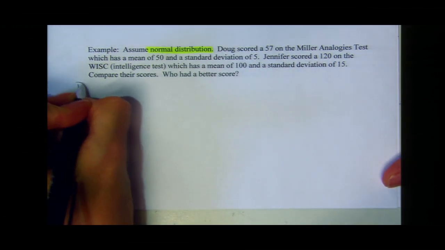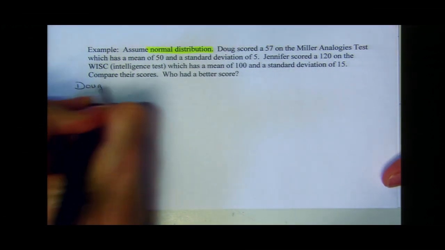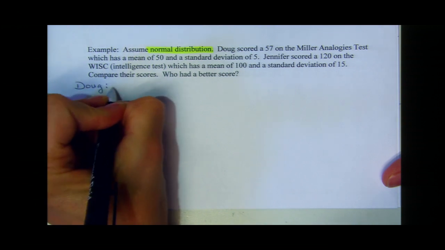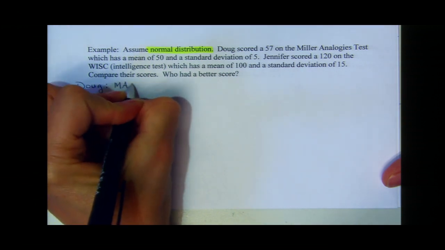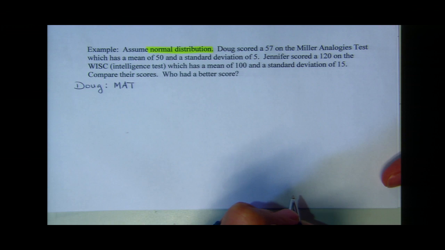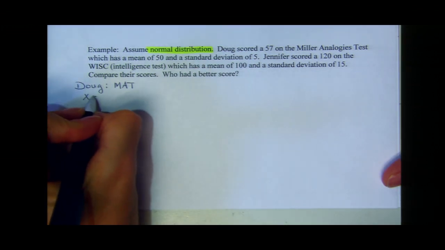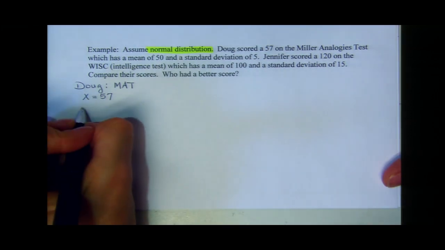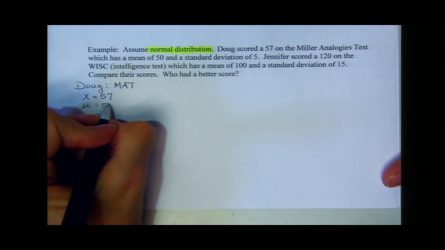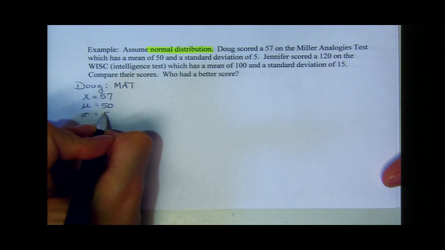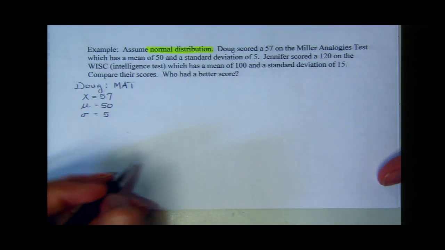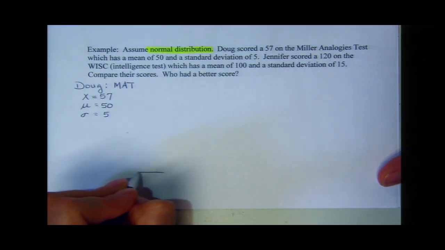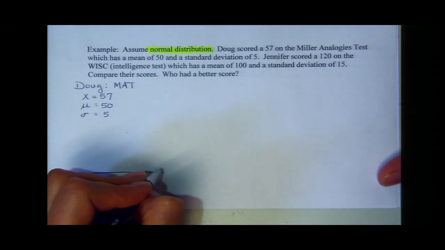All right, so Doug took the Miller Analogies Test. His X value is 57. It has a mean of 50 and a standard deviation of 5. So what would Doug's score look like on a normal curve?